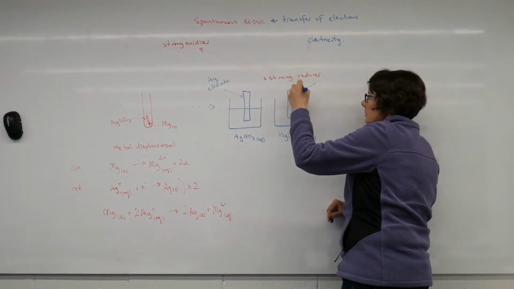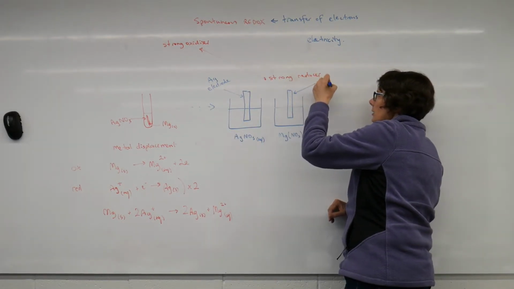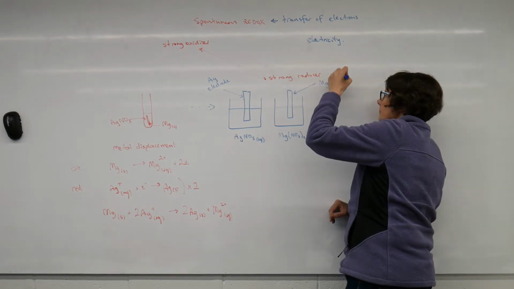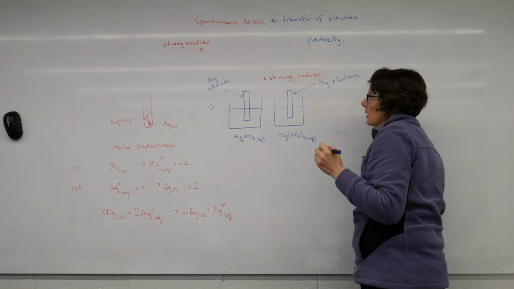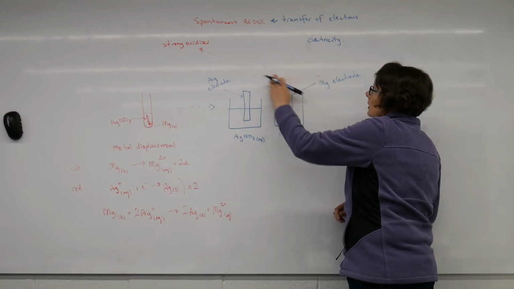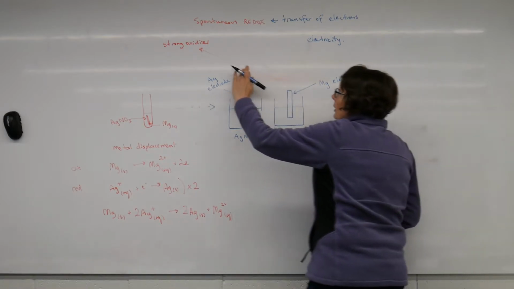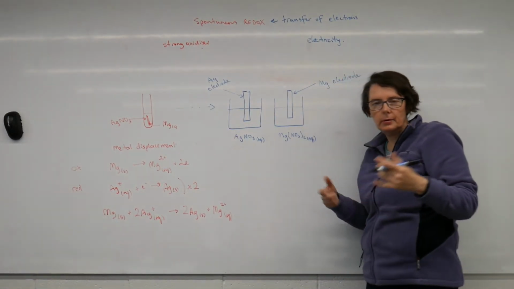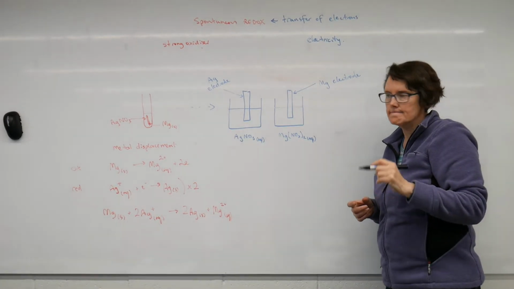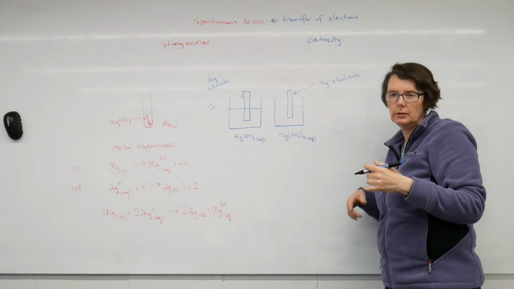And this one is a magnesium electrode. And what we're trying to do here is set up a cell. What would I need to do next, do you think?